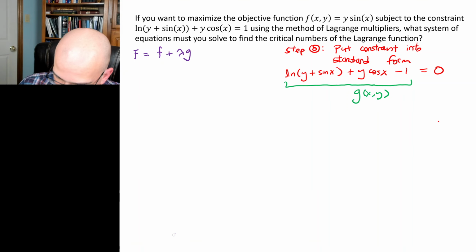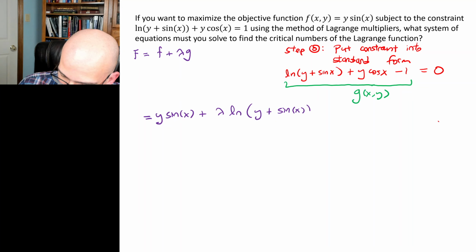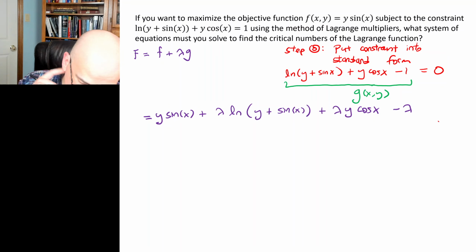Let's put it all together into our Lagrange function. So we have y times the sine of x plus lambda times the ln of y plus sine x plus lambda y cos of x minus lambda. So that's our capital F.